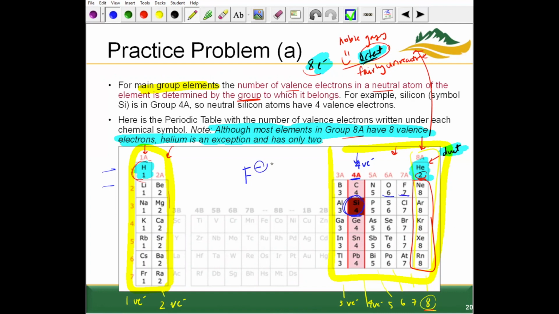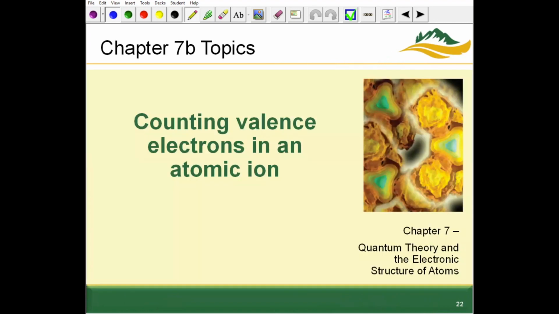If we see that minus sign here, that means it's an anion that's gained 1 additional electron. That means F minus has 8 valence electrons, while neutral fluorine just had 7. So watch out for it saying if it's neutral or an ion, because that definitely affects how many electrons that atom has.